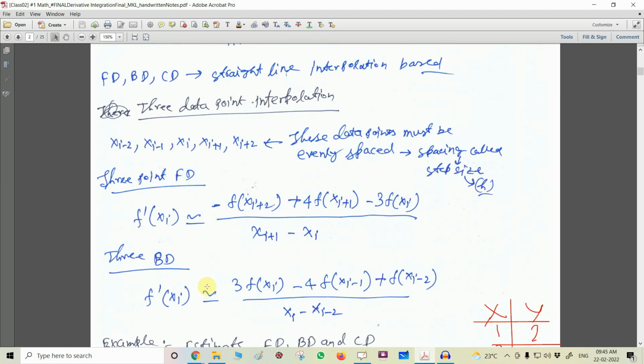Now for the backward, the same principle will be applied: f dash xi equals 3f(xi) minus 4f(xi minus 1) plus f(xi minus 2) over 2h. In this chapter, a few things you have to remember: Newton's interpolation formulas and these 3-point FD formulas.